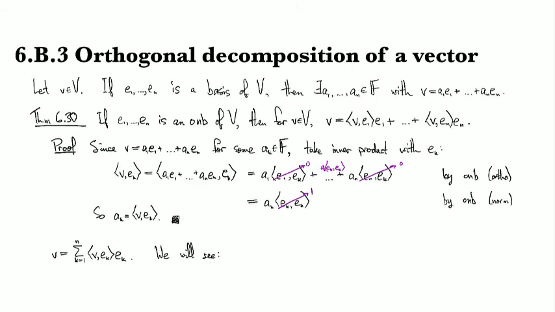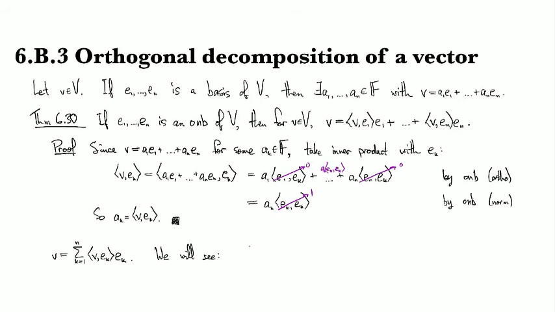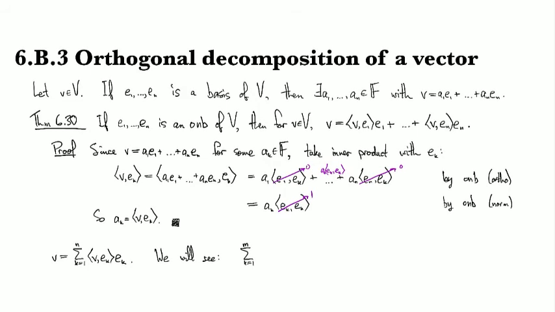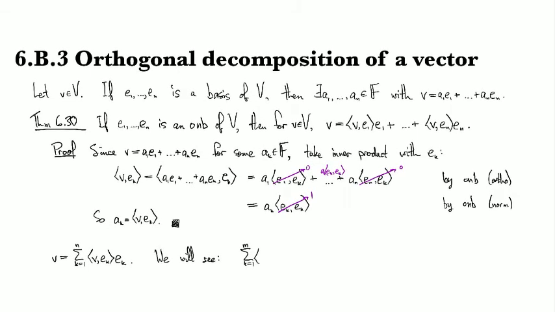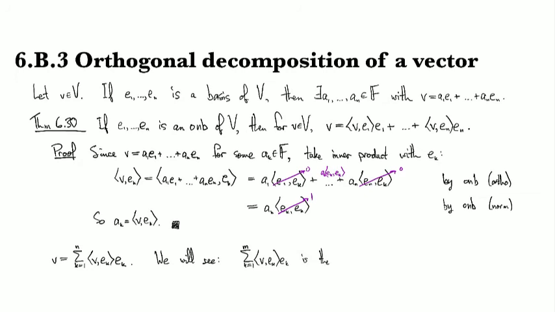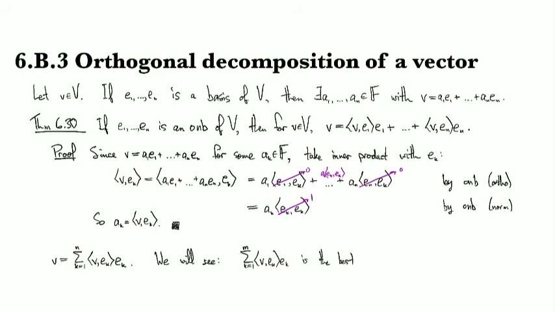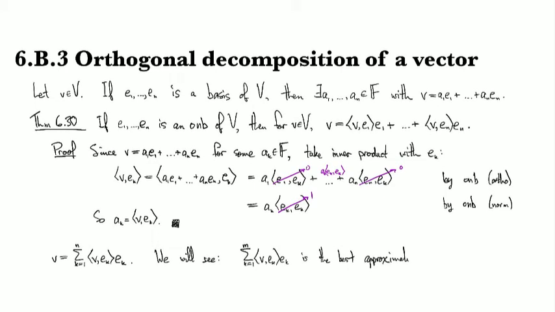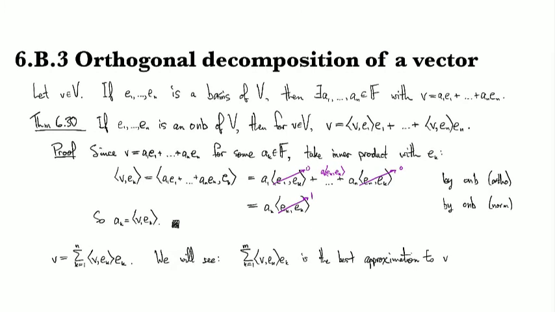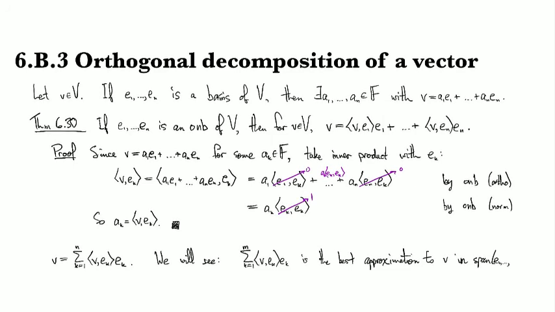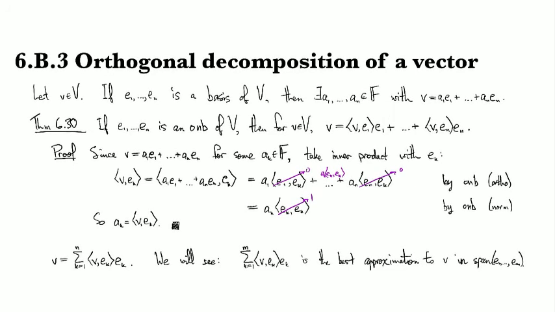So we will see in the next section where we talk about minimization and so forth, that if we take this sum and we stop it prematurely, so instead of going all the way to n, suppose we go just up to m, we'll see that this is the best approximation to V in the span of these vectors.